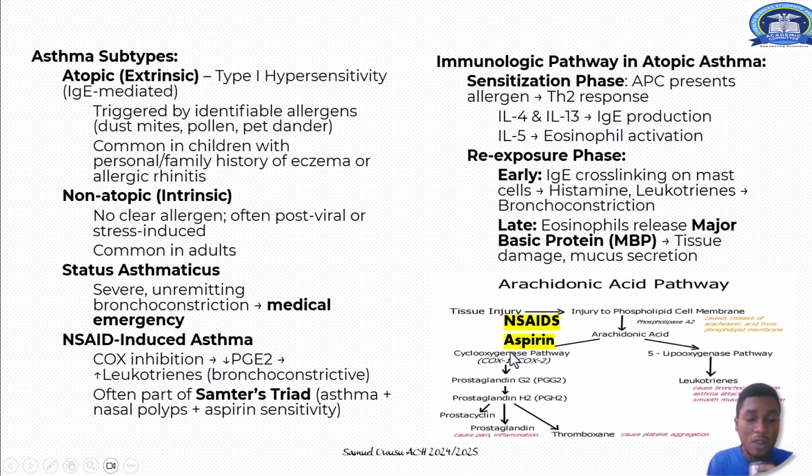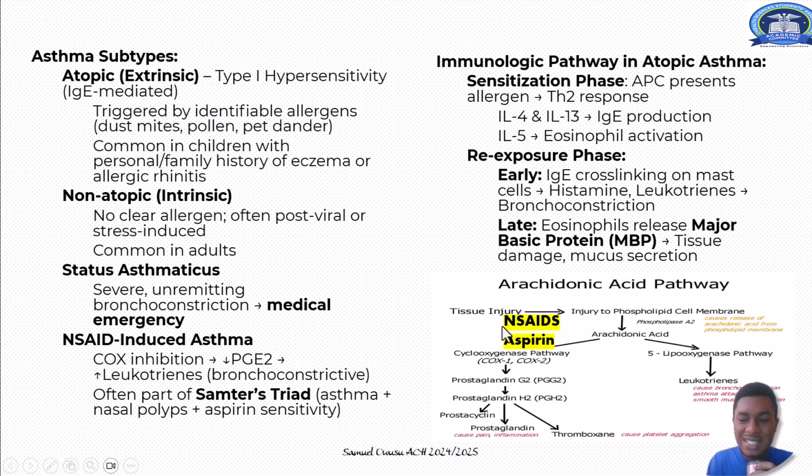We have selective COX-1, they have selective COX-2 inhibitors like celecoxib. These ones tend to block the cyclooxygenase pathway in the sense that we are not producing any prostaglandins. And then when this happens, the burden is going to be on this enzyme, the lipoxygenase, and so we'll be producing more of the leukotrienes because we've blocked the cyclooxygenase pathway.